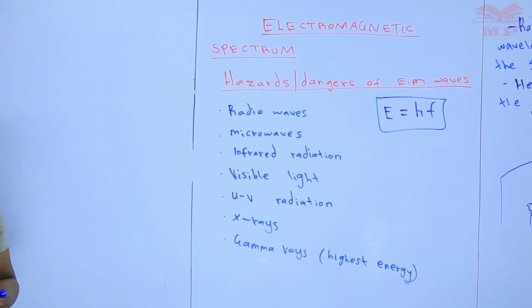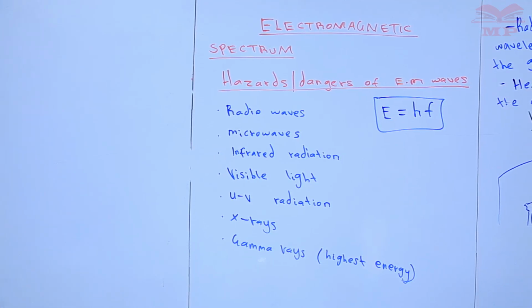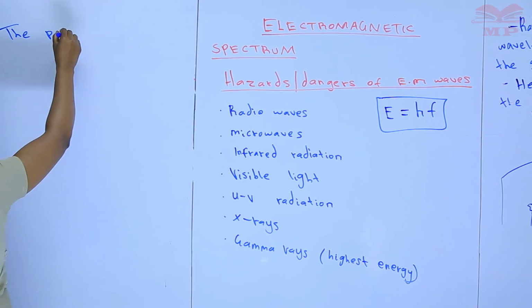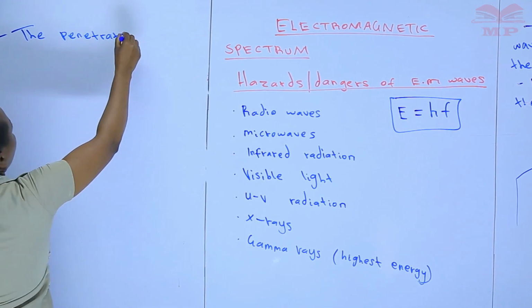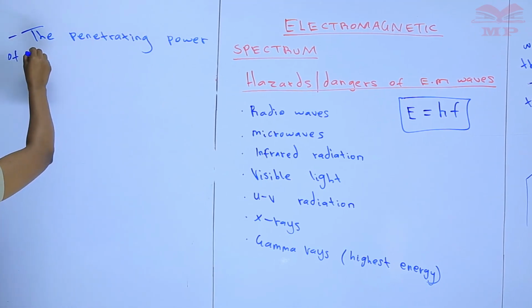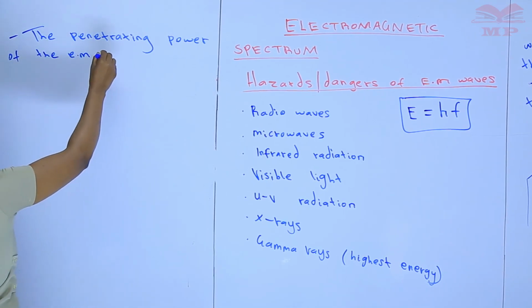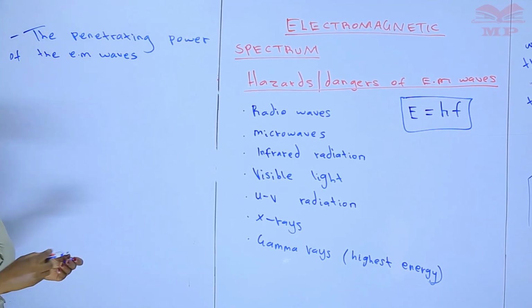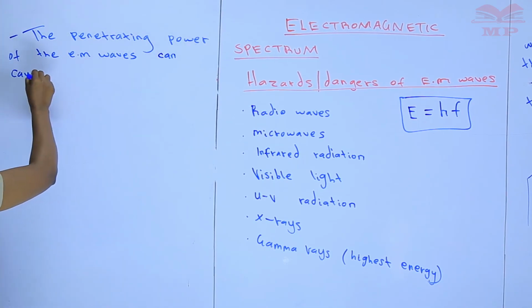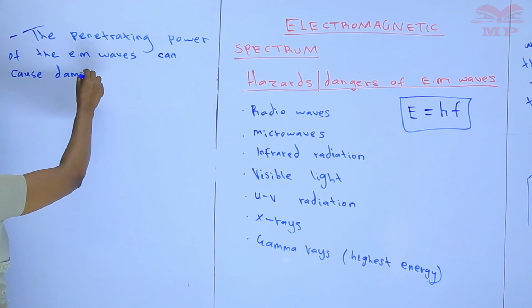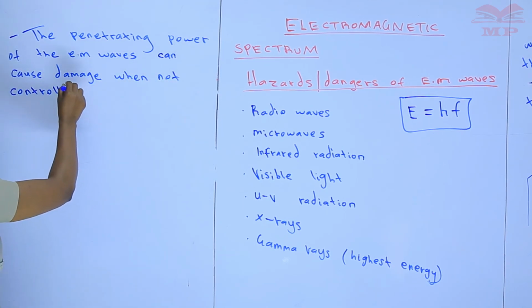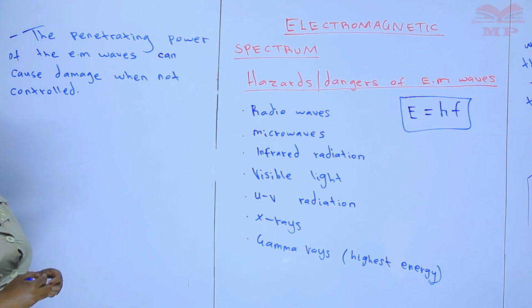So we can say that the penetrating power of the electromagnetic waves can cause damage when not controlled. And this is what we are calling the long exposure.